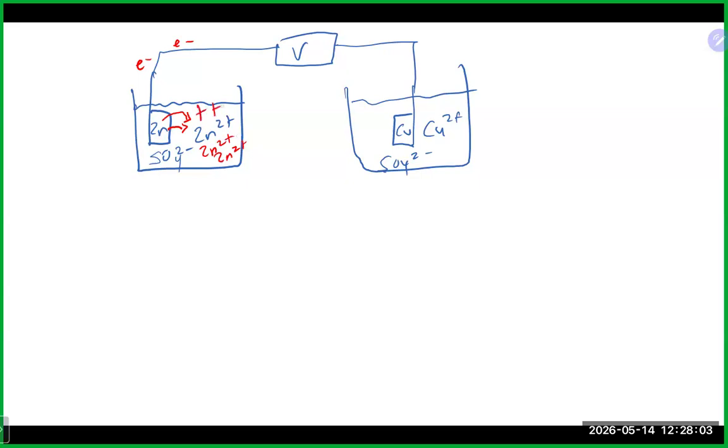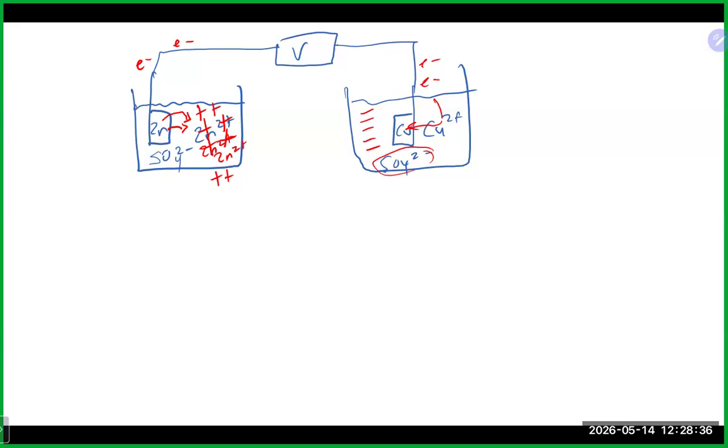And I'm going to build up a big positive side on this side of the beaker. When those electrons come this way, they're going to take this copper out of the solution that's positively charged, and that's going to leave my negative ion in the solution. And this side is going to eventually build up a big negative side. So we're going to get a buildup of positive charge on the left-hand side, a buildup of negative charge on the right-hand side. And again, this is the situation if you took the salt bridge out.